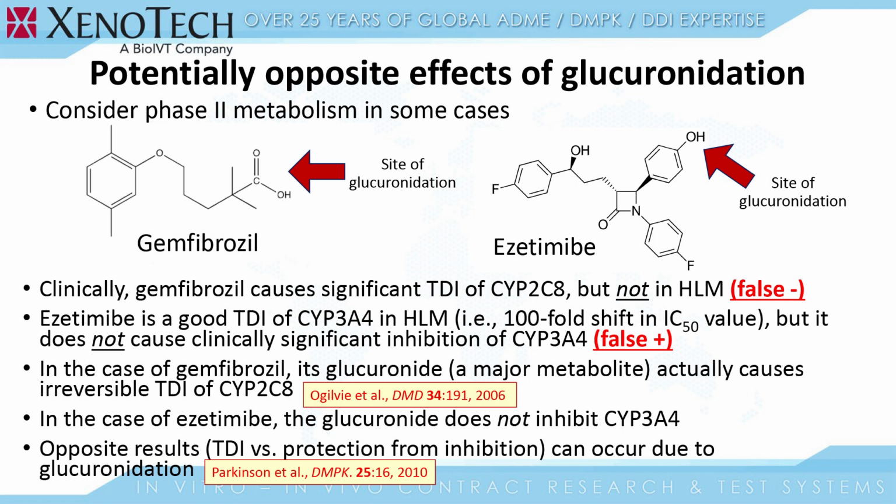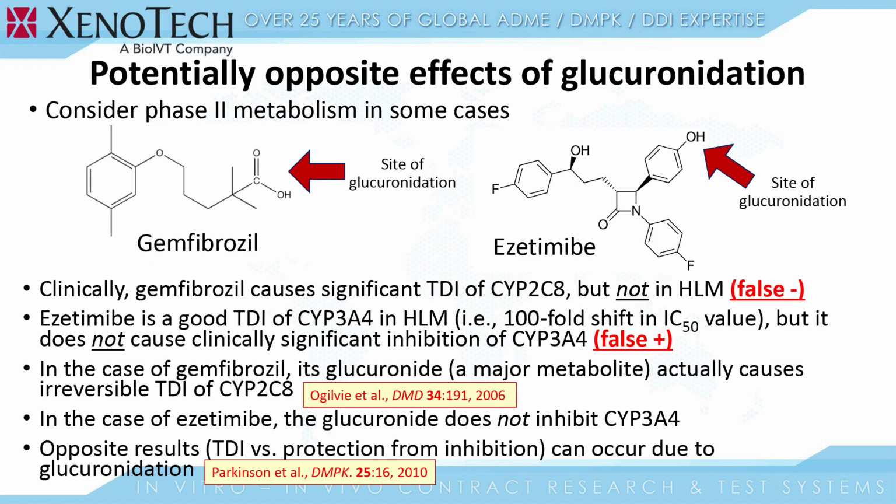On the other hand, the opposite can be observed in the case of ezetimibe. Significant time-dependent inhibition of CYP3A4 is observed when ezetimibe is incubated in human liver microsomes. However, ezetimibe does not cause any clinically significant inhibition of CYP3A4 in vivo.